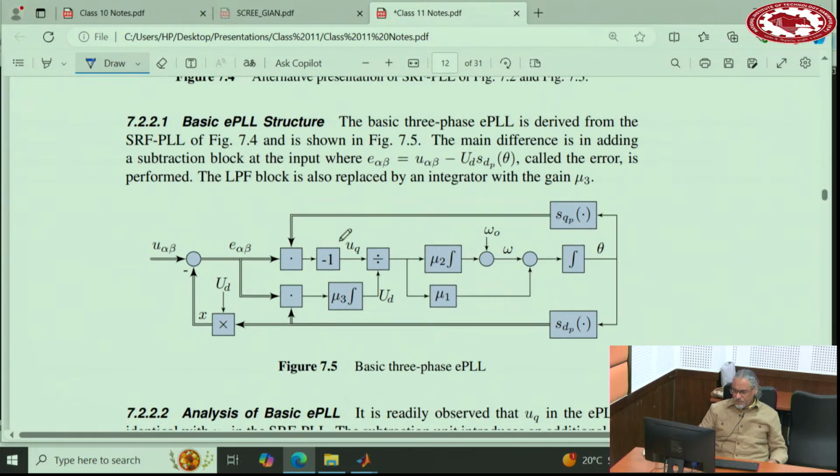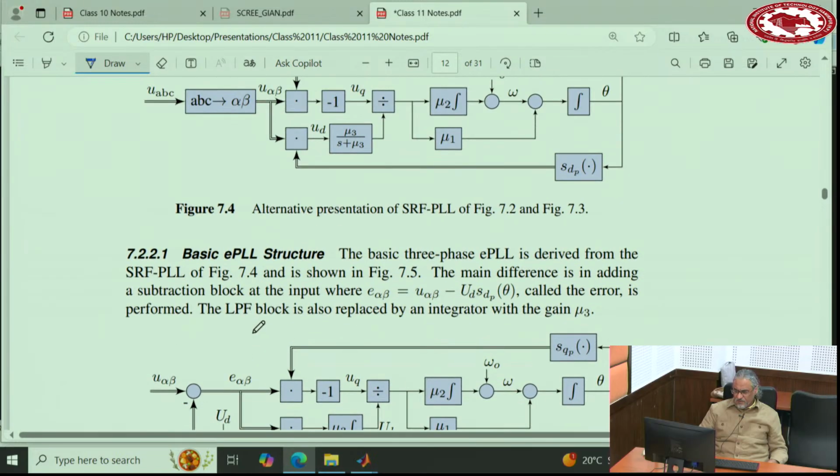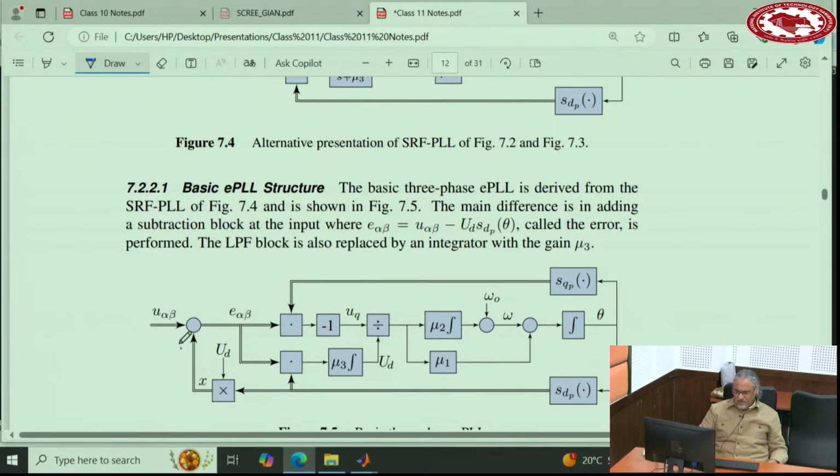Now, this structure, what it does, it says, once I have alpha beta at this point, I'm going to add this part as well. So it's a subtraction of alpha beta minus this SDP that is calculated from the PLL multiplied by the magnitude, which is calculated here. So this signal will converge to this one, and this becomes 0.